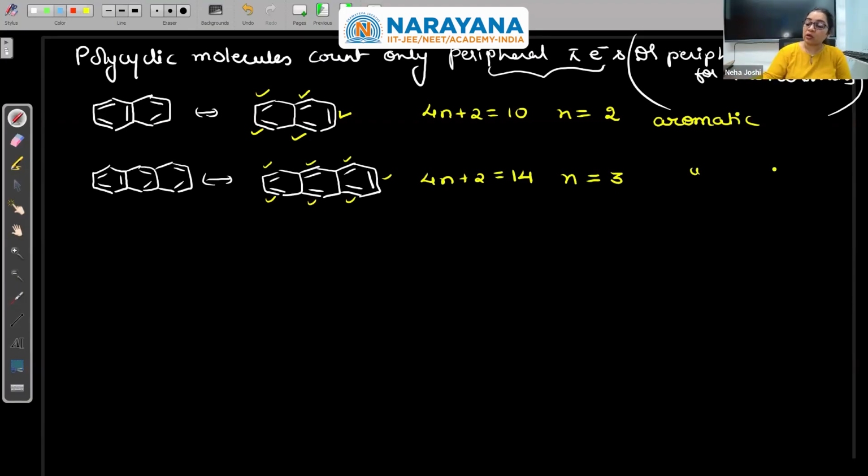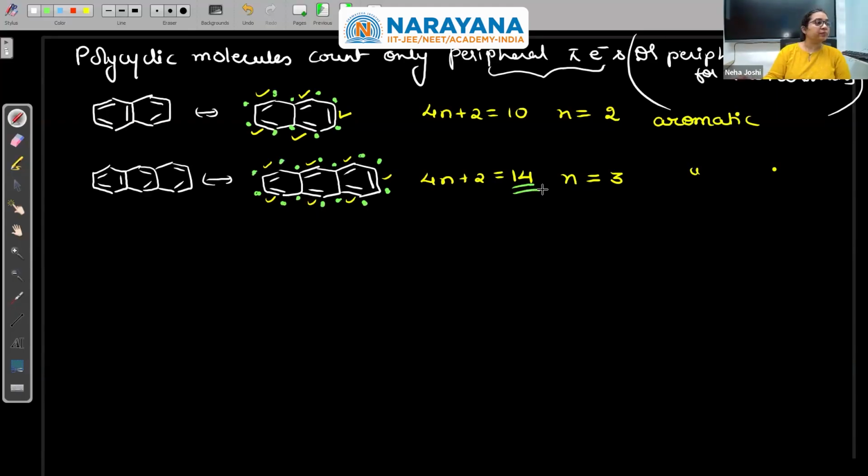As I said, you can go by peripheral carbons. See, 1, 2, 3, 4, 5, 6, 7, 8, 9, 10. So actually each carbon is contributing 1 electron. So peripheral carbon on the peripheral pi electron cloud, their contribution is same. So that is why 1, 2, 3, 4, 5, 6, 7, 8, 9, 10, 11, 12, 13, 14.